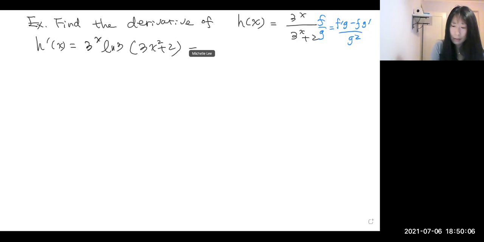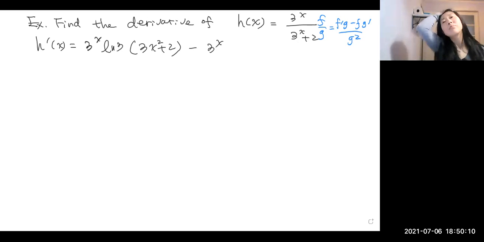And minus f, g prime, now you can do it. 3 to the x power plus 2. Derivative of 3 to the x power plus 2. What do you get? 6x. Hold on one second.